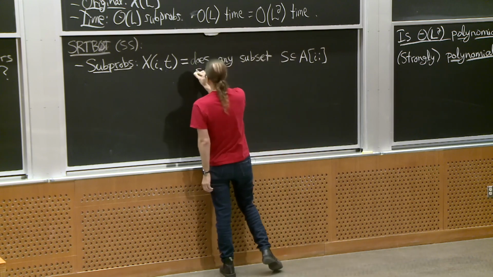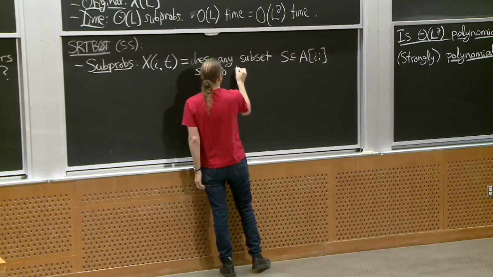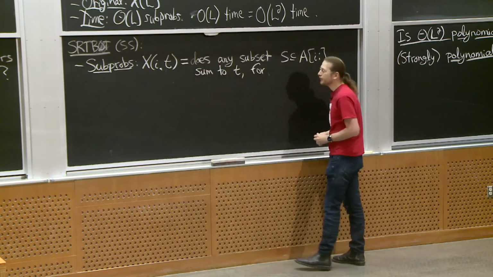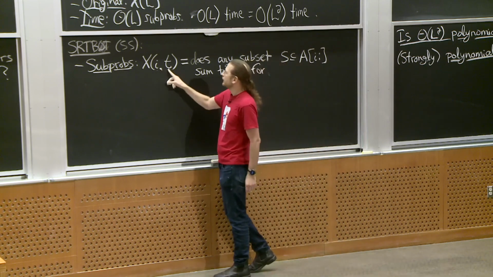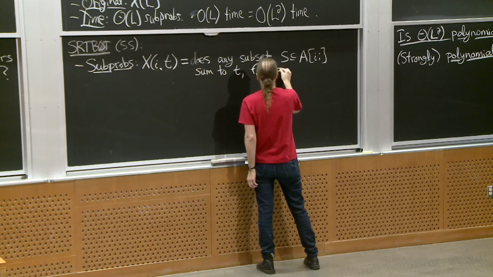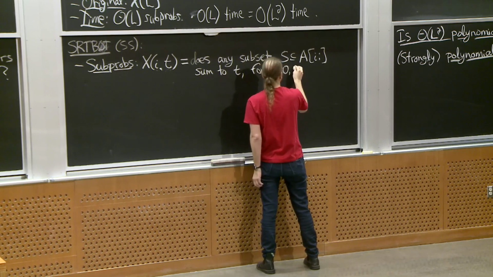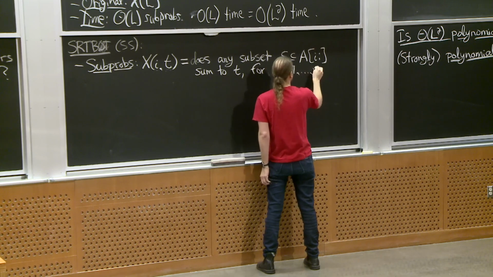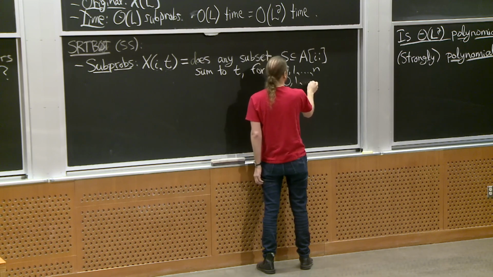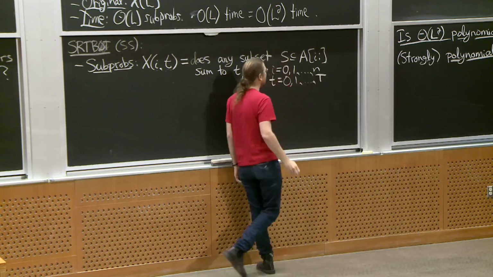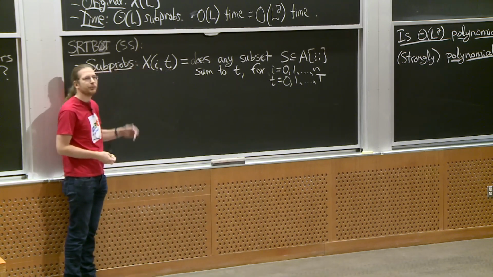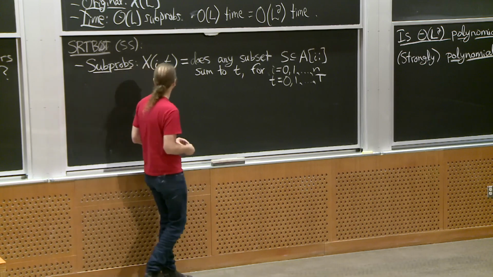The other important thing is to say how many subproblems there are and what your indices can vary over. So i is going to be between 0 and n, and t is going to be between 0 and big T. So the number of subproblems is (n plus 1) times (T plus 1), or theta of n times T.